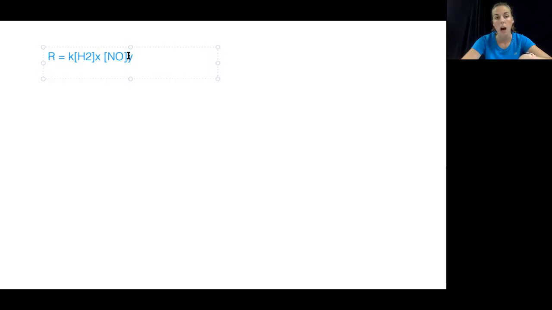So that means Y is going to be 2. Remember, like we talked about before, because you're doubling NO, how do you get from 2 to 4? You square it. So let's just plug in what we know. And this is the concentration of NO squared.